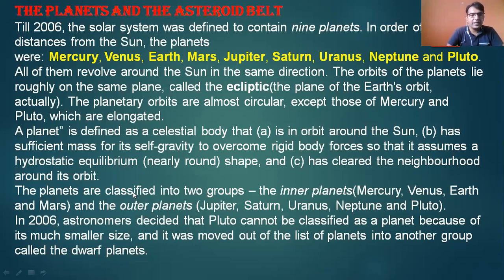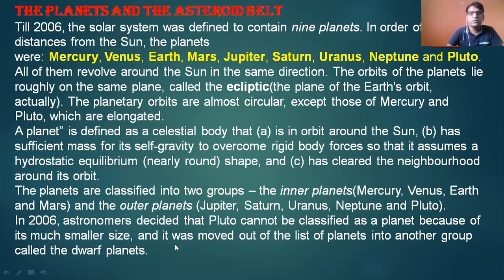The planets are classified into 2 groups: the inner planets, Mercury, Venus, Earth and Mars, and the outer planets, Jupiter, Saturn, Uranus, Neptune and Pluto. In 2006, astronomers decided that Pluto cannot be classified as a planet because of its much smaller size.